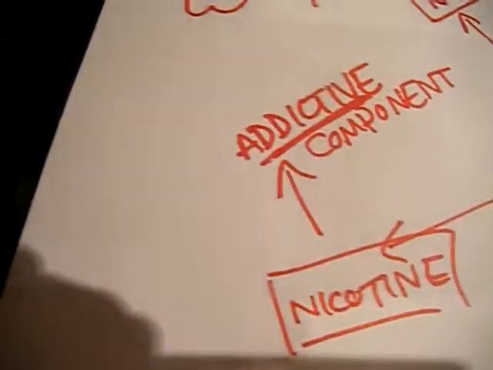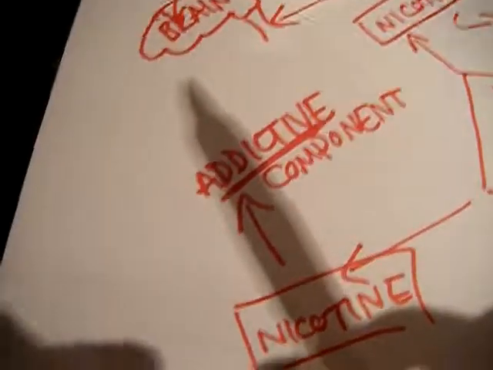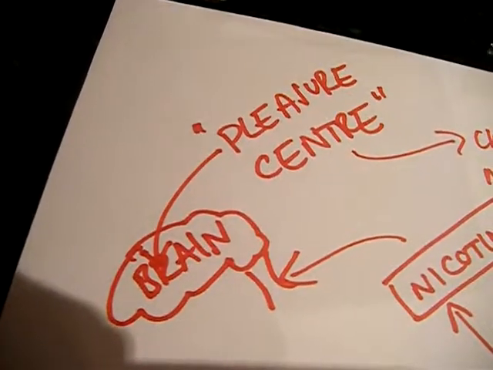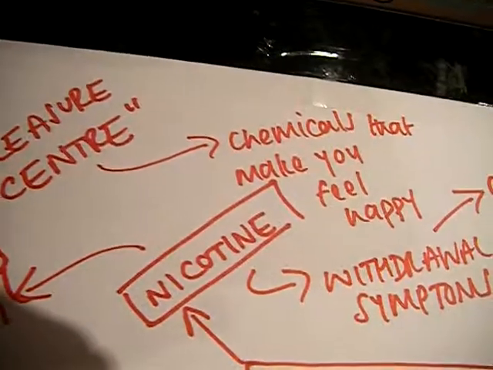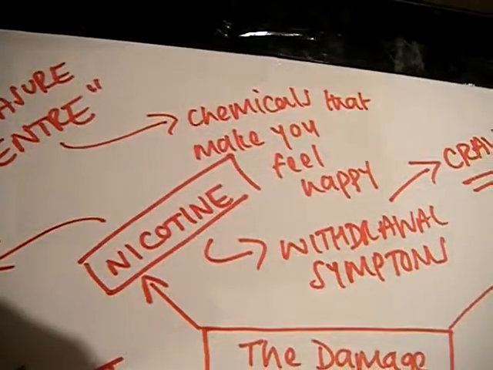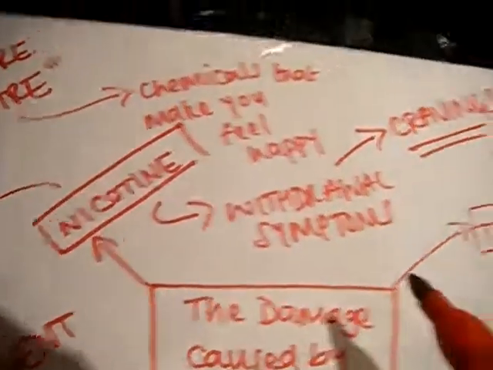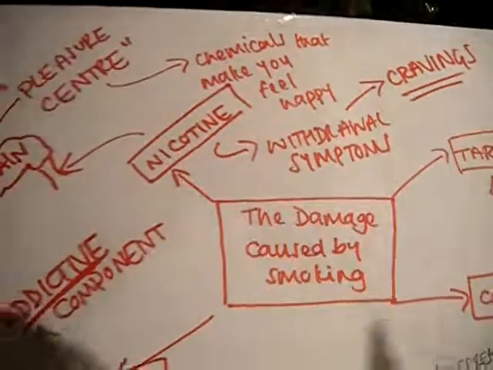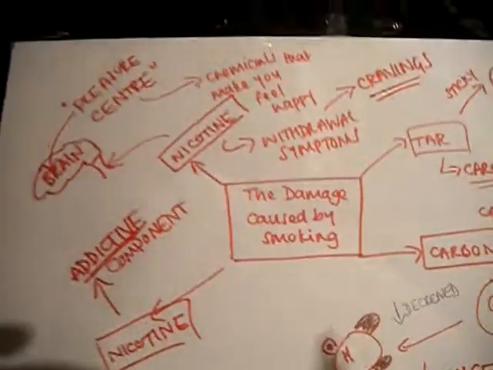And then the final one is nicotine, which is the addictive component of cigarettes, which acts on the pleasure centres in the brain to cause the release of feel-good chemicals and to cause withdrawal symptoms when you don't smoke anymore. So that's the damage caused by smoking pretty much done.